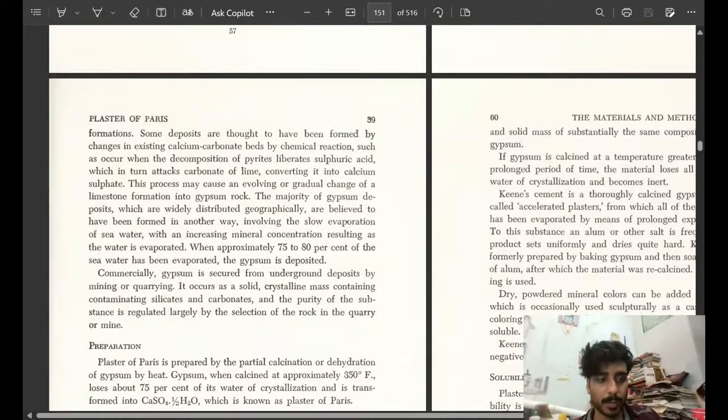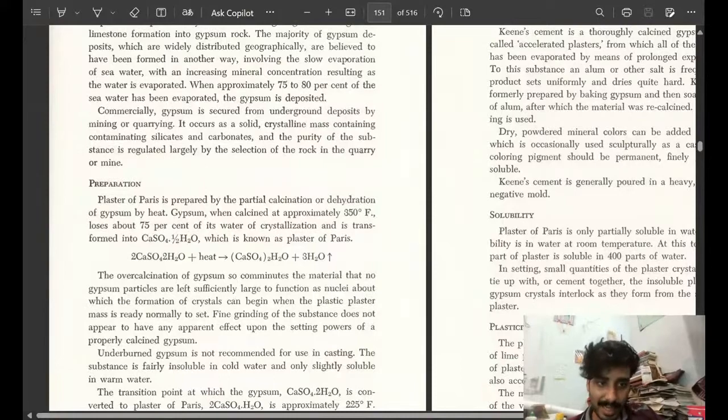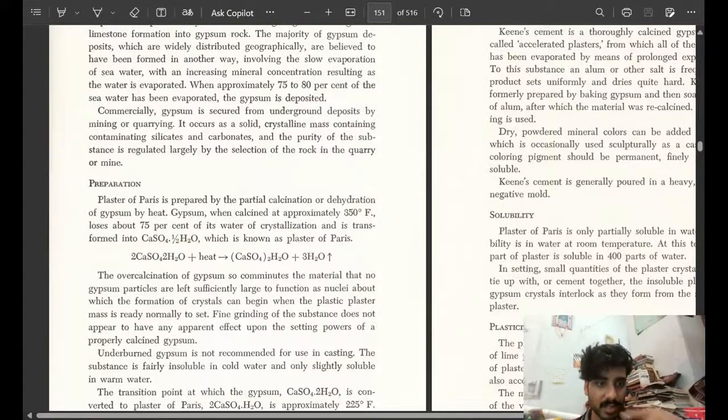Now let's talk about the preparation of plaster of Paris. Plaster of Paris is prepared by the partial calcination or dehydration of gypsum by heat. Gypsum, when calcined at approximately 350 degrees Fahrenheit, loses about 75% of its water of crystallization and is transformed into CaSO4·1/2H2O, which is known as plaster of Paris.